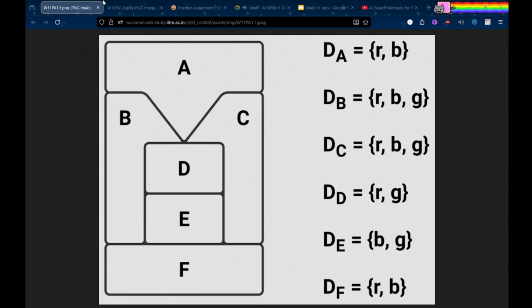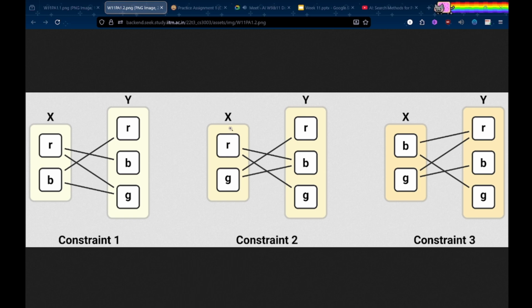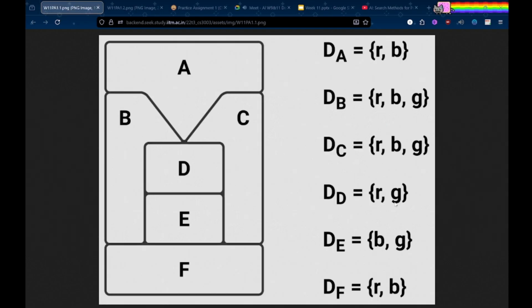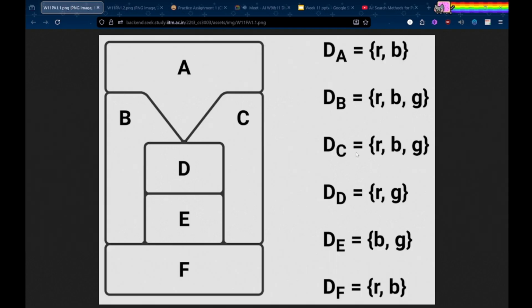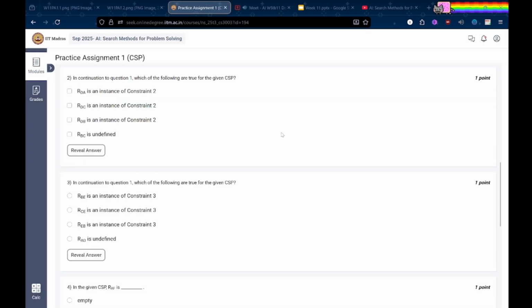For constraint 2 we know that x has to have a domain of R and G, and the only variable that can fit x is D because it has R and G, correct? So x should be D and y has RBG and RBG is B and C. So I'd say DB and DC should satisfy the second constraint, and that's the only ones.